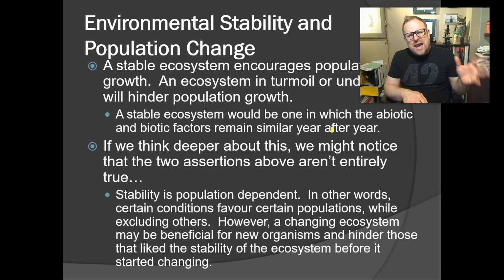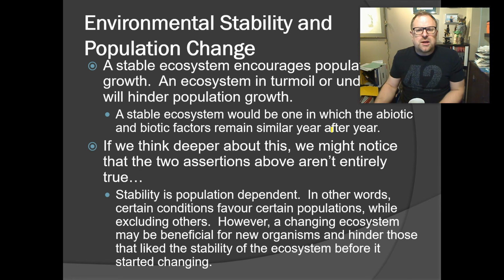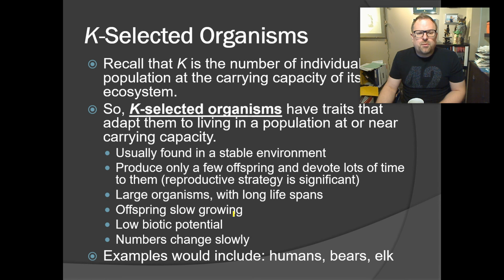As we add edges to ecosystems, as we change the way an ecosystem looks by altering the landscape, whether that's putting a new road through, putting a well site in, whatever it might be, that changes the ecosystem and allows access to other organisms that like to live in those areas of change. And it pushes out those organisms that don't like to live in those areas of change. So it's really interesting to start to think about the effects that might have on a population.